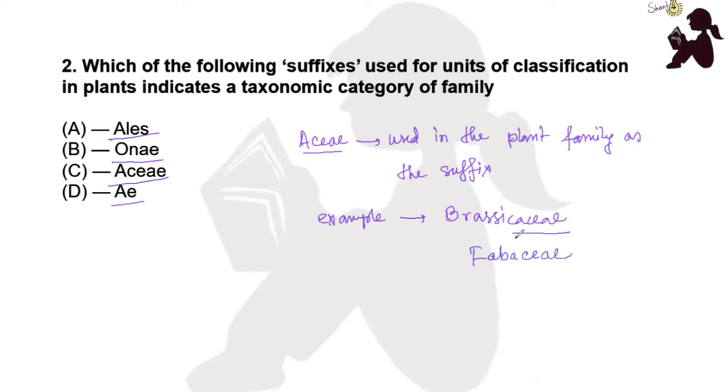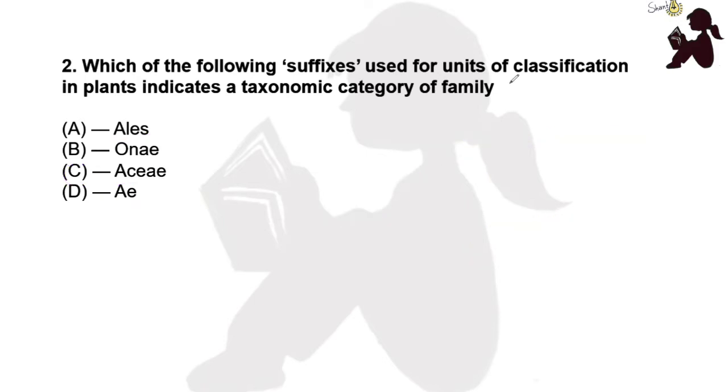Okay, so aceae is common in the family name. So here the correct answer is option C. Now let's move forward to the next question.